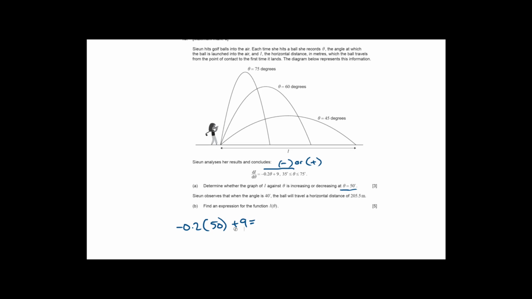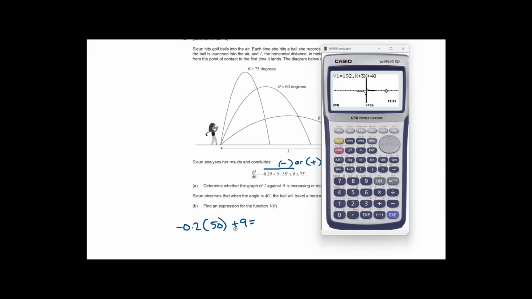What does that equal? Grab the calculator. So negative 0.2 times 50 equals negative 10, plus 9, of course, is going to be a negative number. Negative 1. Negative 1, so it's decreasing.